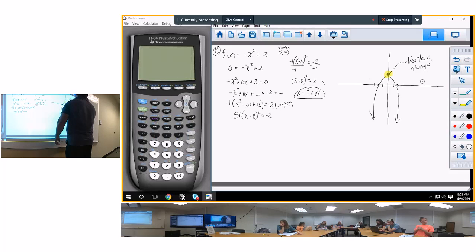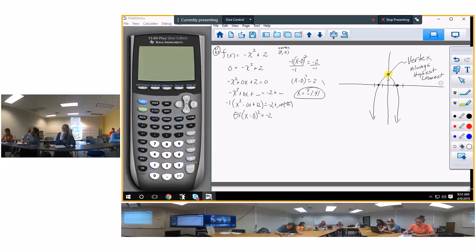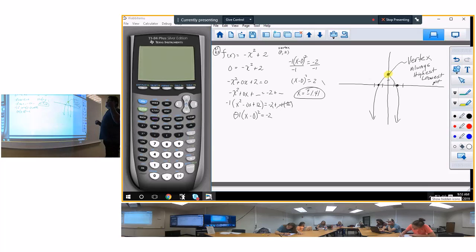It's always your highest or what? Lowest. Highest or lowest point on a parabola. Okay, and as you said, it's always your max or min.